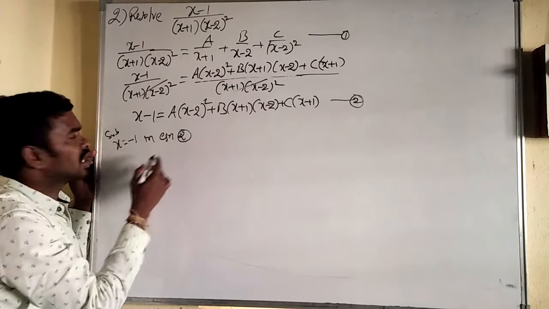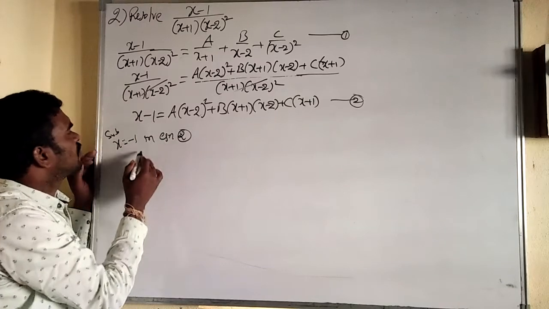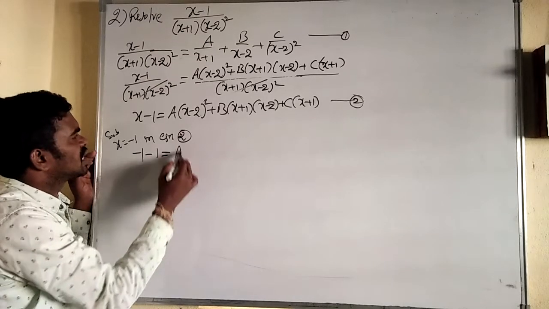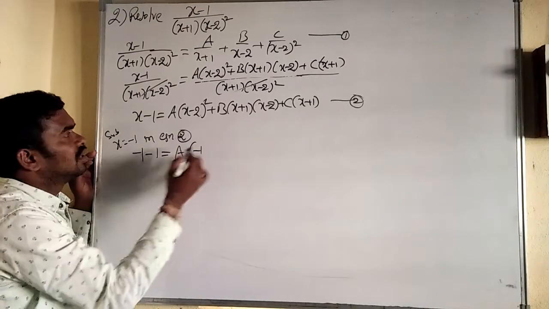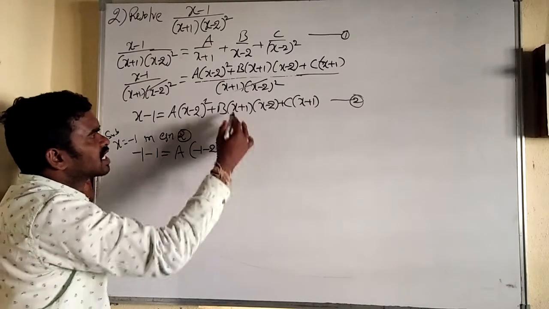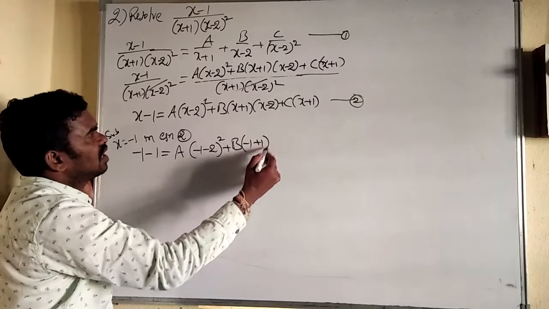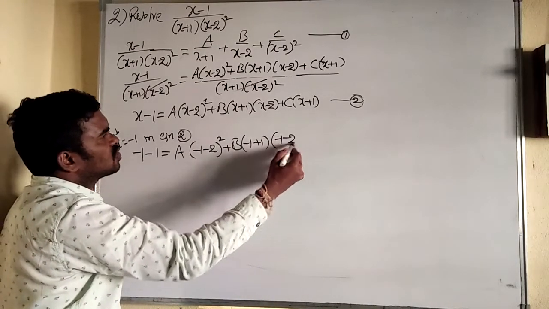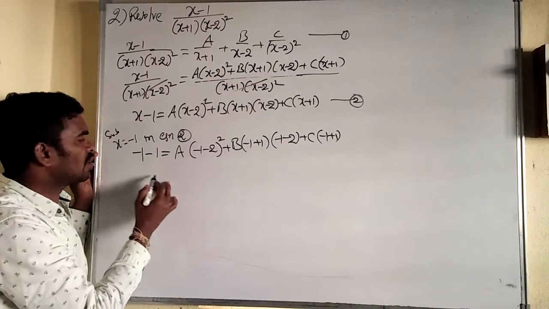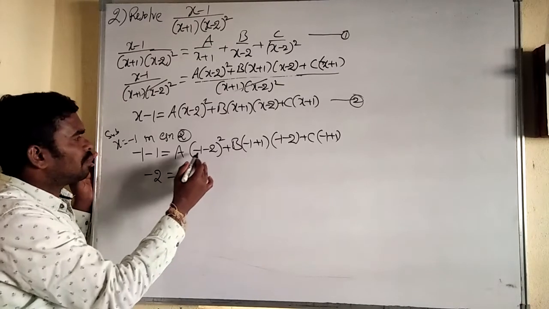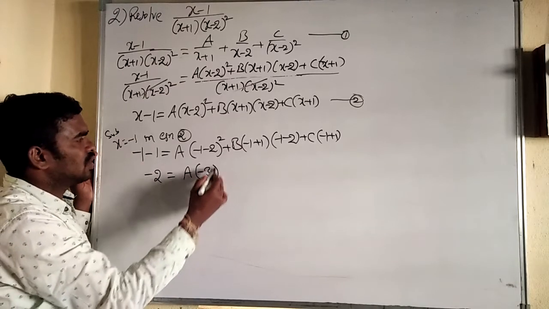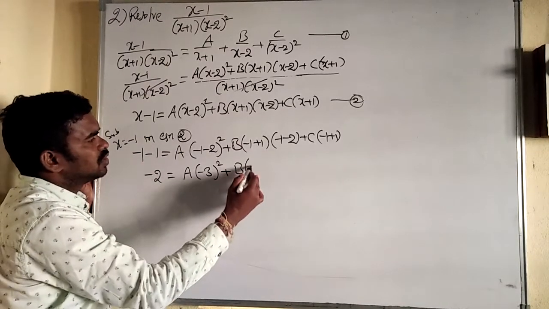Substitute. Write down clearly: the second equation becomes −1 − 1 = a(−1 − 2)² + b(−1 + 1)(−1 − 2) + c(−1 + 1). Simplify: −1 − 1 is −2. −1 − 2 is −3, and (−3)² is 9. −1 + 1 is 0, so b into 0.